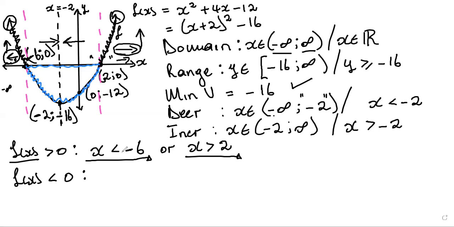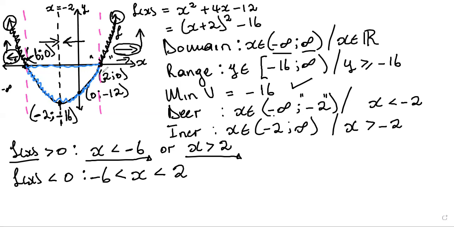So this means that these values of x will be between, because we are saying it's any value that is less than 2 but greater than -6. At these values, that's where your y values are going to be negative.